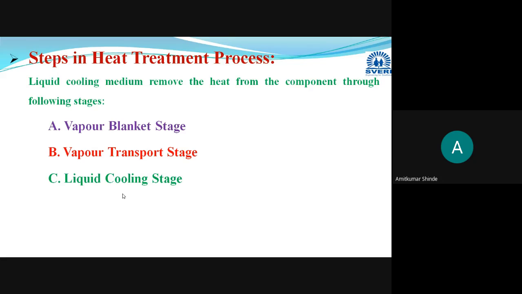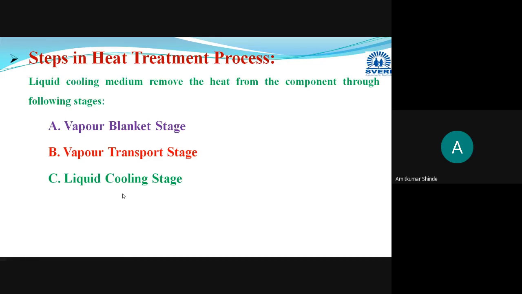Initially, when we directly dip the component from high temperature into the liquid medium, what will happen? That liquid medium will get vaporized, and it forms a blanket around that component. This is the vapor blanket stage, and due to the formation of this blanket, extraction of heat does not occur.